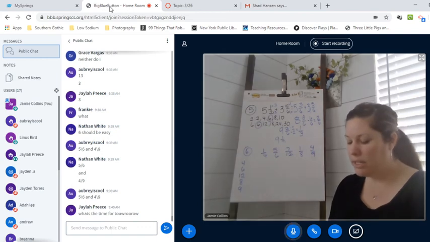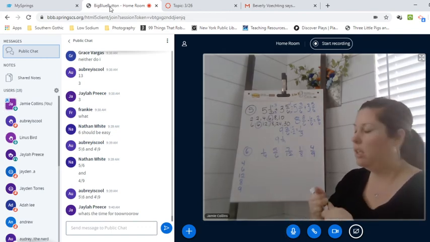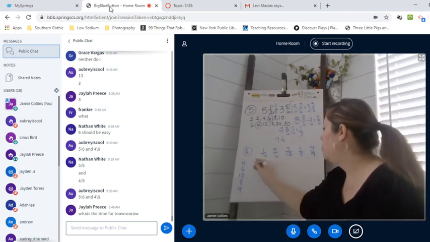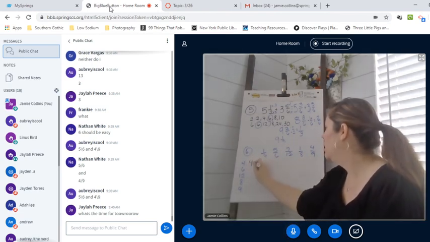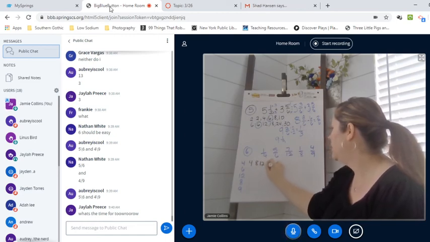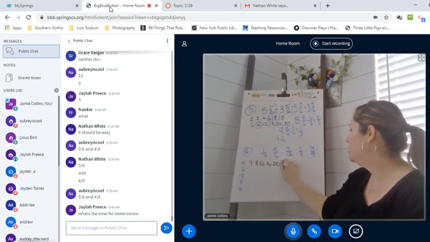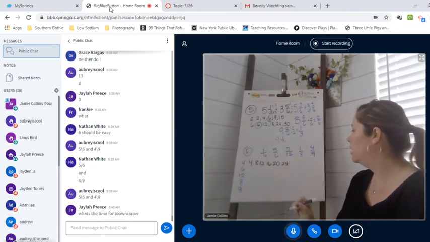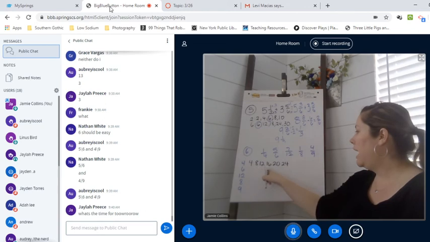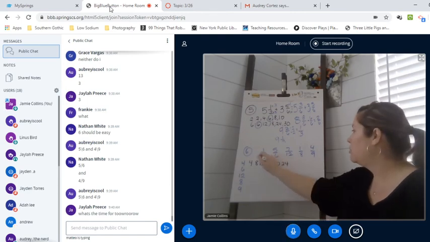Now I'm going to list all of the multiples for each one of these numbers. So 4 times 1 is 4, 8, 12, 16, 20, and 24. Do you see an 18 in here? No, then it cannot be 4. So let's cross that one out.